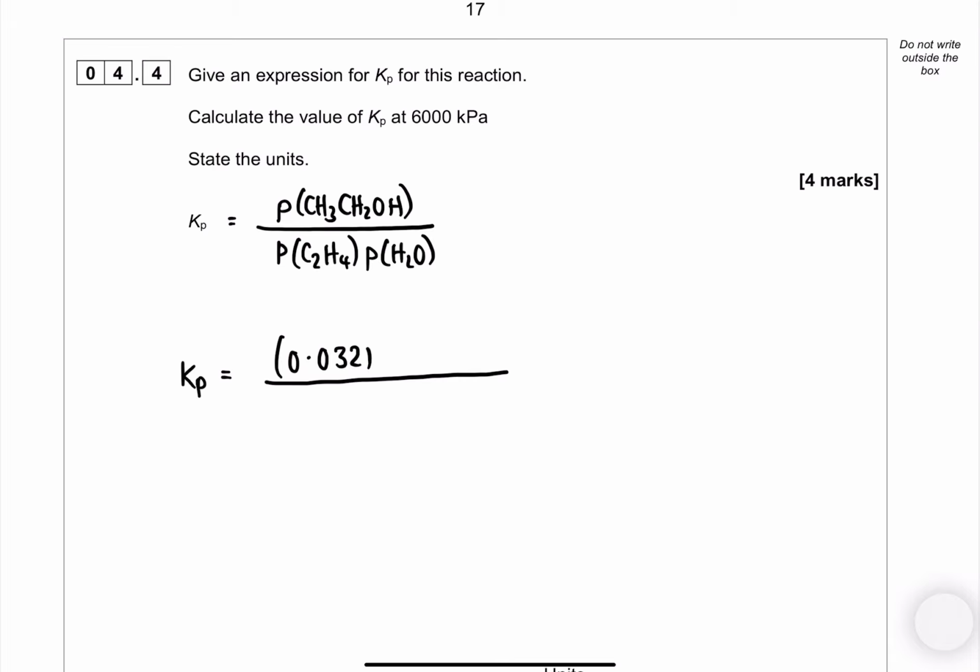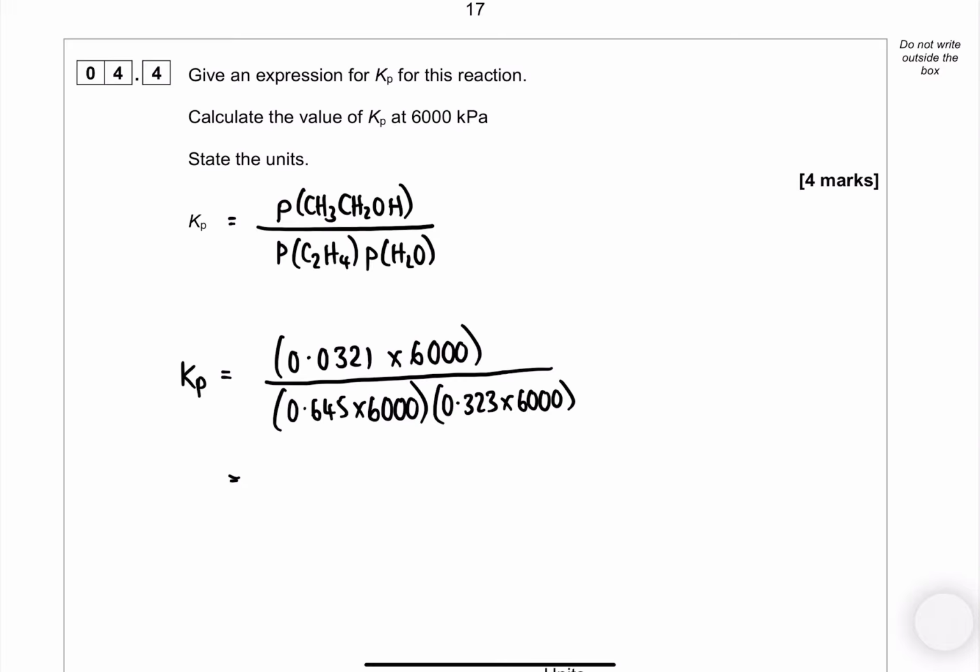I'm going to times that by 6,000. The amount for ethene, 0.645, times by 6,000. And the amount for steam, 0.323, times 6,000. Using the fraction button on your calculator, just type all that in.